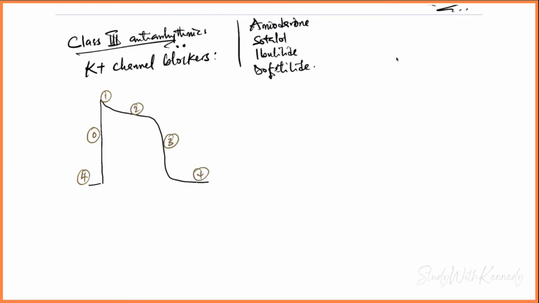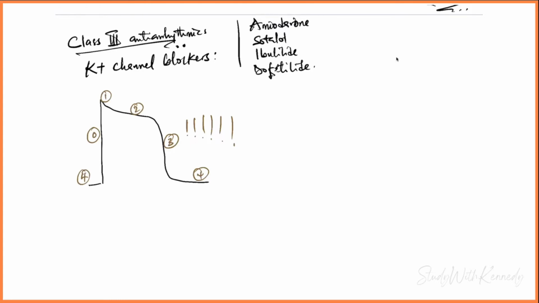Where do you think class 3 antiarrhythmic medications are going to work? I hope you are shouting phase 3. Because if they are potassium channel blockers, then obviously they're going to work wherever potassium works. Maybe some of you are thinking, how about phase 1? Yes, they could also have effect on phase 1. But the biggest or significant effect we are looking at is their effect on phase 3.